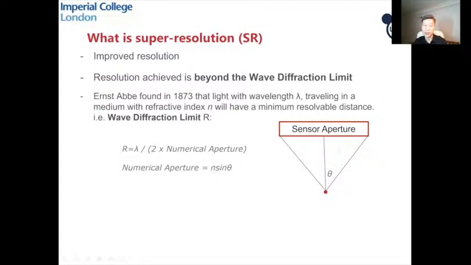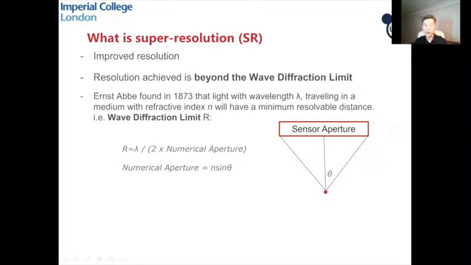So if you have the sensor aperture, and the target of interest, then this medium here has a refractive index n, and n times sin theta is the numerical aperture. And this theta is half of the angle that the sensor collects signal from the point of interest.